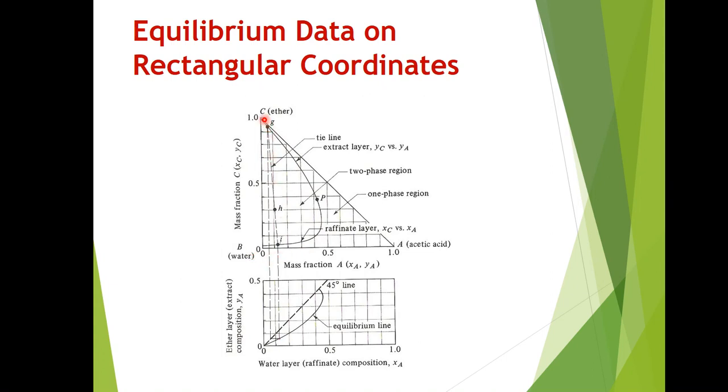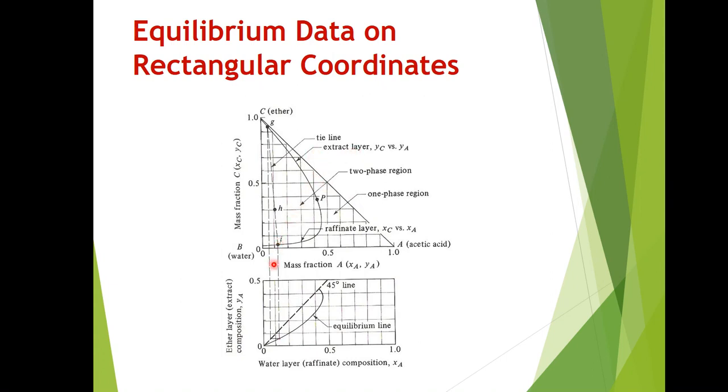Now, how do you construct this phase envelope? In the same manner that you already know how to construct this equilibrium curve using the last two columns, this phase envelope, class, is constructed using the XA and the XC in the data provided in the table in the previous slide.